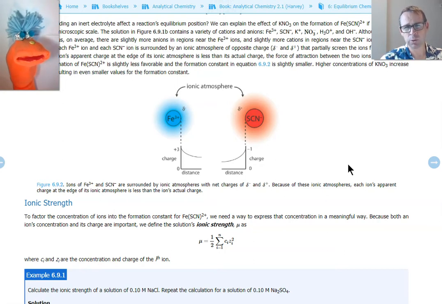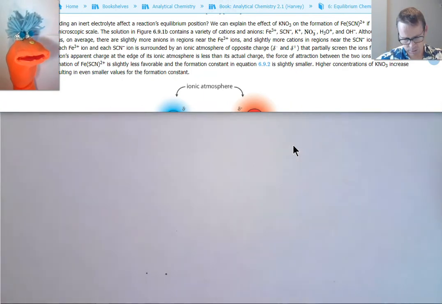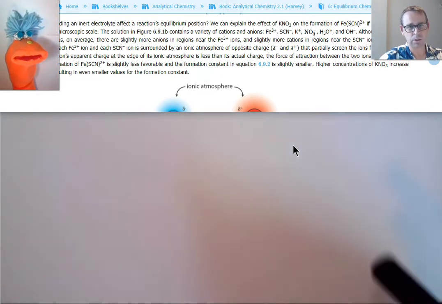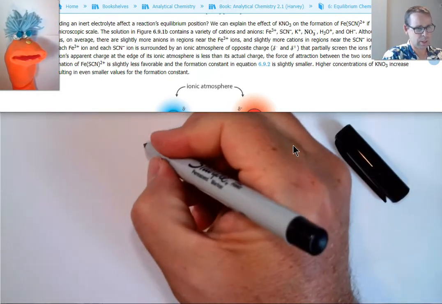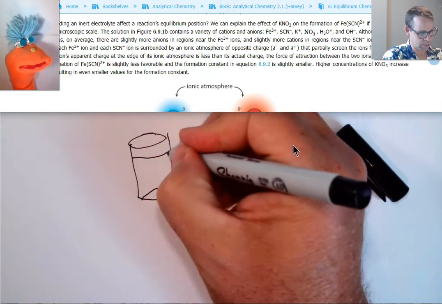If you put sodium chloride in water, the sodium chloride dissolves and you get sodium ions and chloride ions in water. That's not surprising. But if you put too much sodium chloride in water, eventually what happens? Well, it forms a pile on the bottom. That's right.